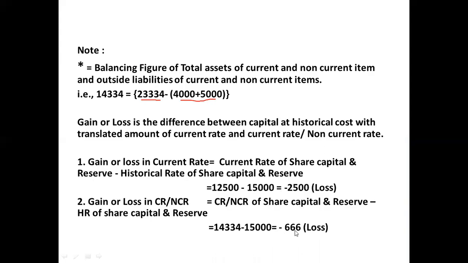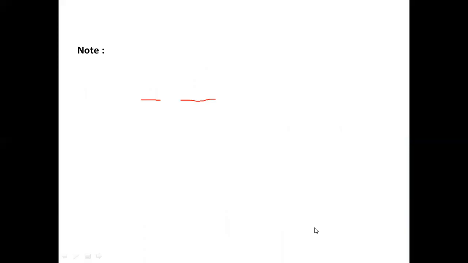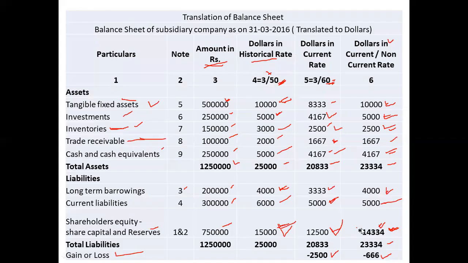We got minus 666 as a loss. Looking at the balance sheet, the current and non-current share capital and reserves is 14,334 and the historical rate is 15,000. 14,334 minus 15,000 is minus 666. So it is a loss.